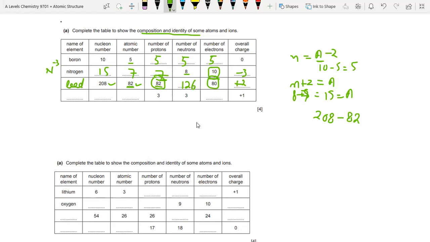Next is the one where the proton number and neutron number are given. Proton number is also the atomic number. 3 and 3: this is the atomic number, this is the neutron number. Neutron plus proton gives the nucleon number. What is the nucleon number? Nucleon number is 6.